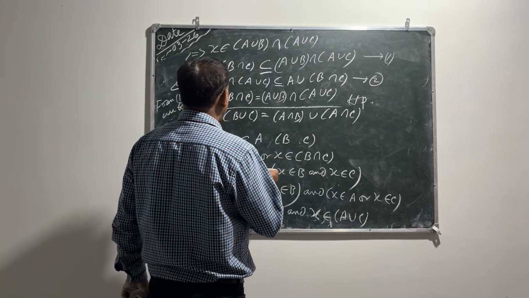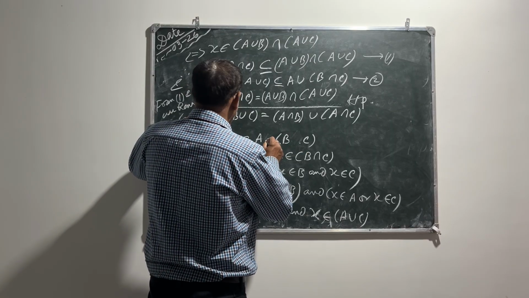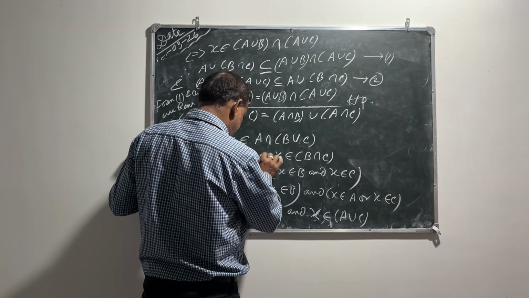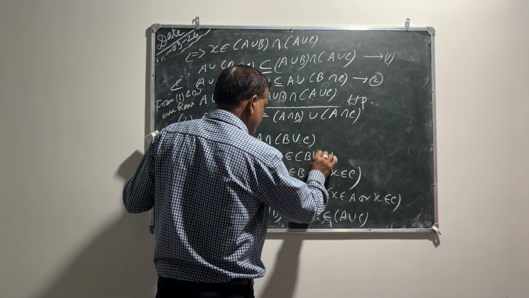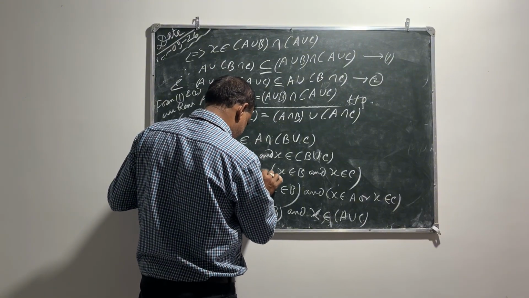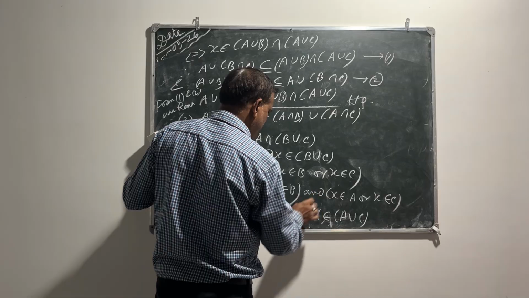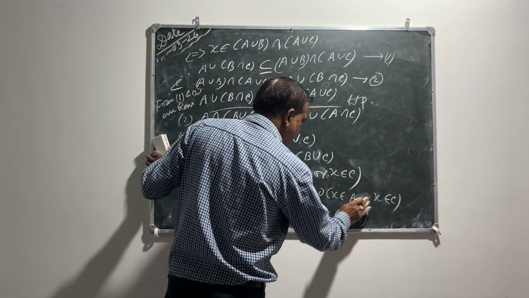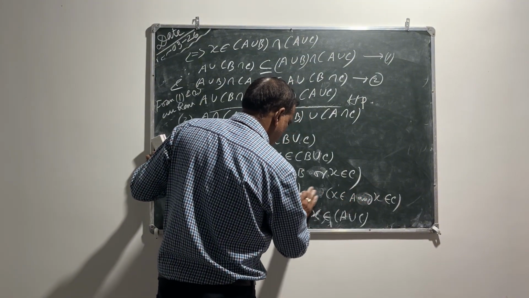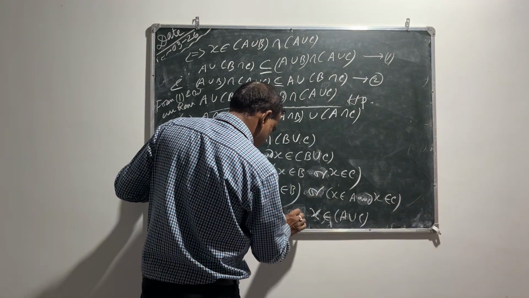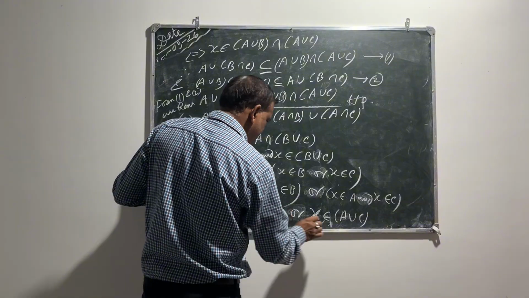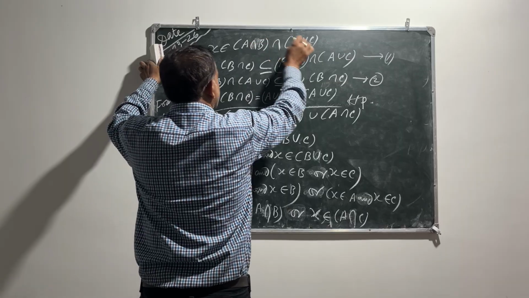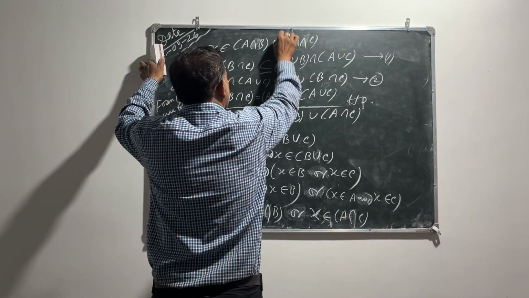Using them, it will be and, this will be union, this will be and, this will be or, this will be and, this will be and, this will be or, this will be or, this will be intersection, this will be intersection, then intersection, intersection, union.